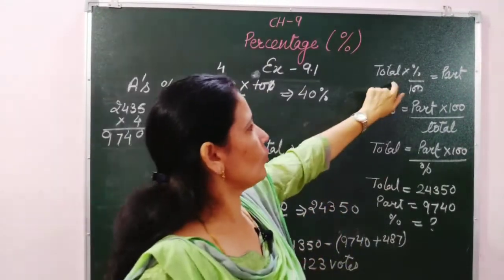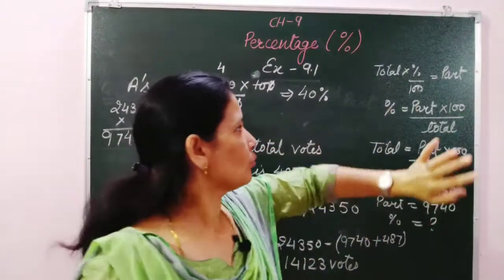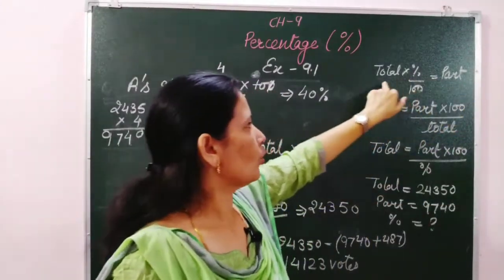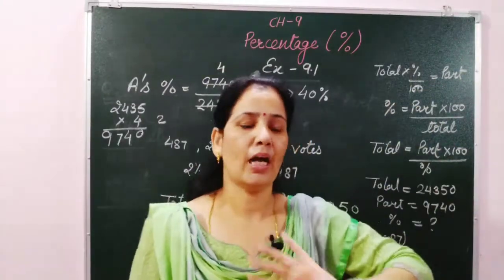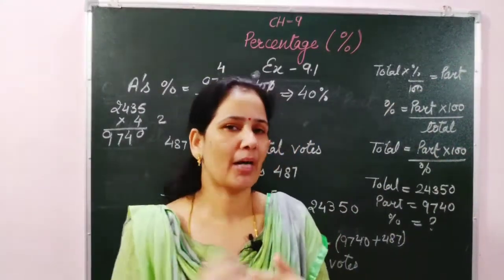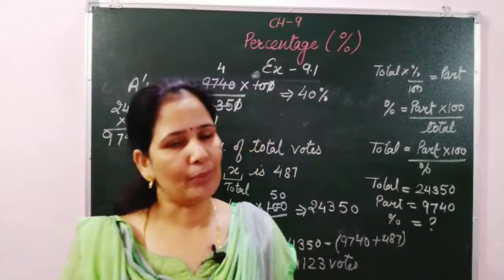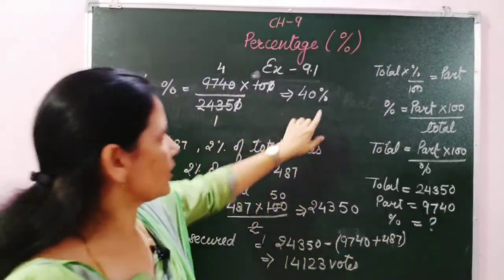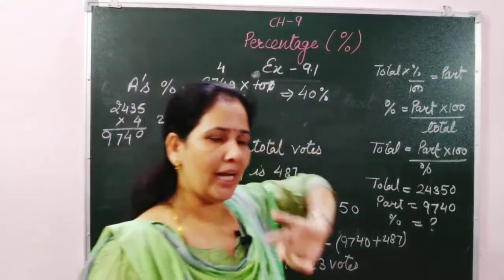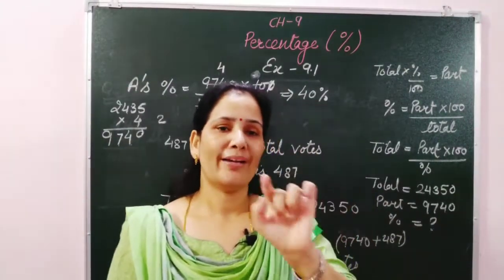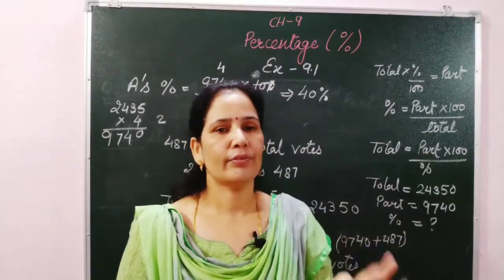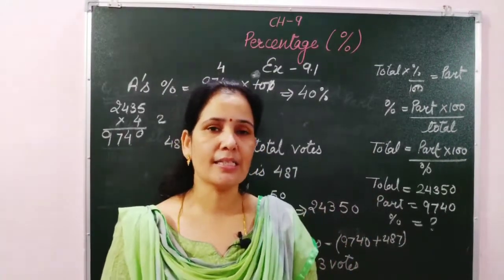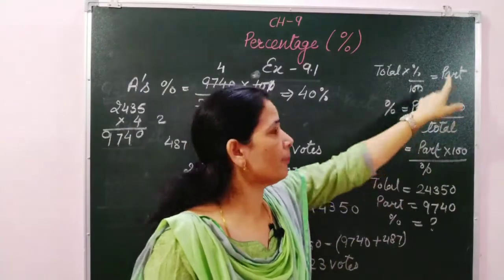You have to learn only this main formula: total multiply by percentage divide by 100 equals the part. And how do you know the given number is part, total or percentage? Percentage always comes with the sign percent. And if the word of is given before any number, it indicates the total, and if the word is is given before any number, it indicates the part.